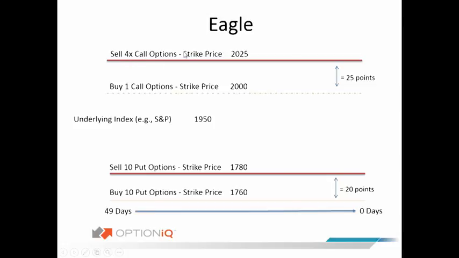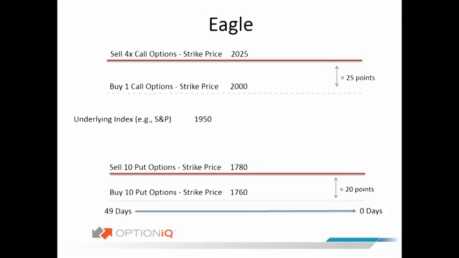We're selling 4 options. So this is where the ratio comes in. We're selling 4 calls above the market. On the bottom, we're selling 10. So there's 4 on top, 10 on the bottom. That's the difference in the ratio.